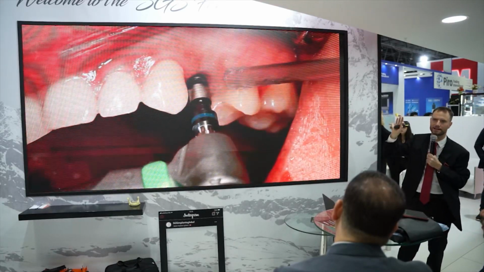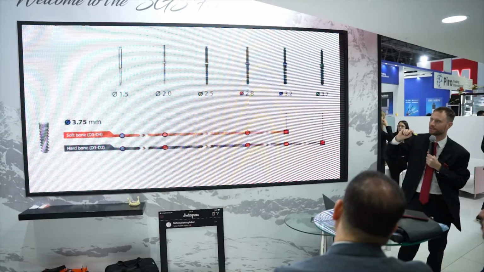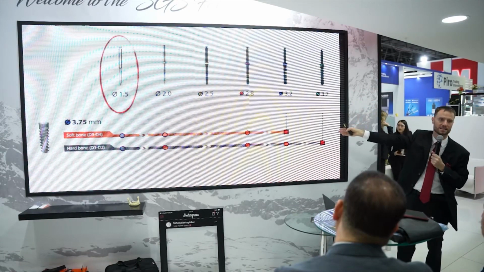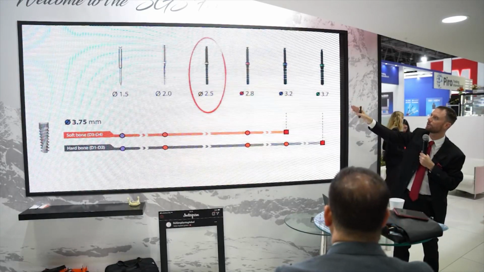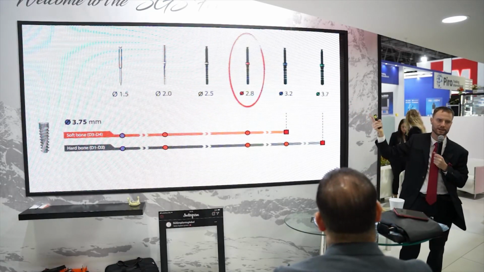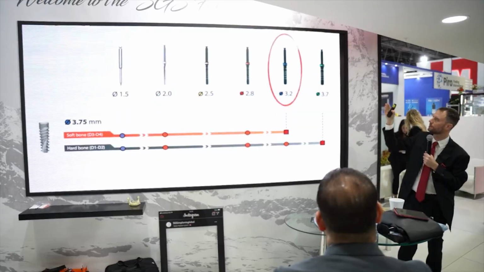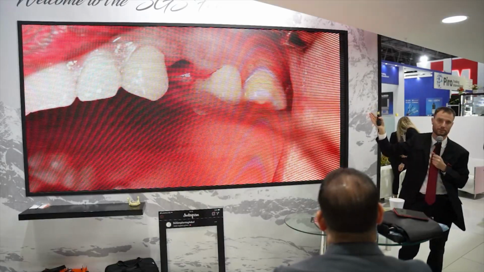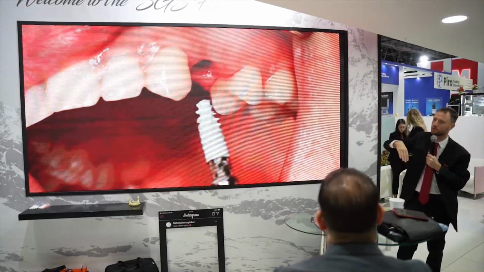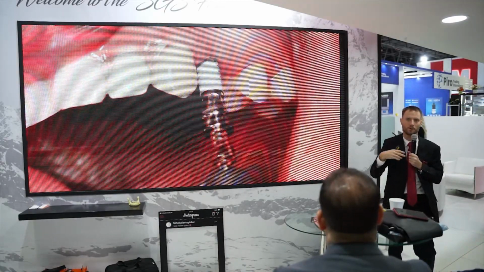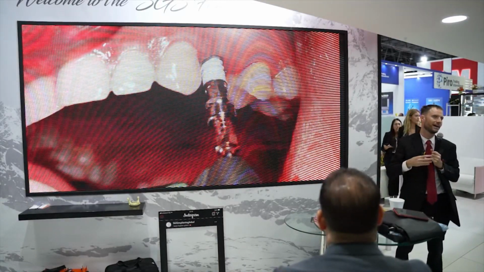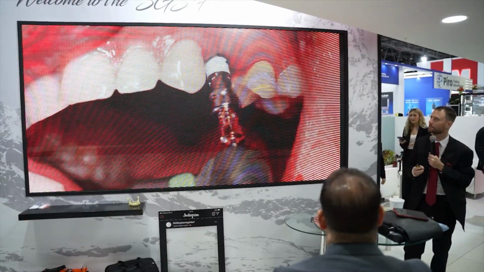So you do the core drilling of the implant, only the last drill is freehand. Same case as before, I told you, we go on the sequence, we have all the drills until one drill before the implant. So for this 3.75, I'm going to place a 3.2 drill and then just go with the implant straight on. For the maxilla, it's enough. For the mandible, I would do a bit more pre-drilling to be sure that I don't get stuck in the bone in the middle if it's really hard.